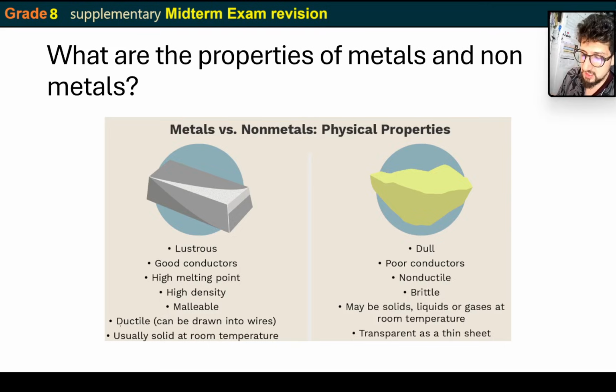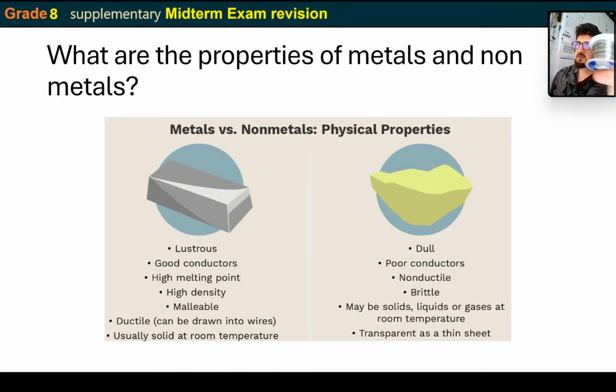What about ductile? Ductile means it can be drawn into wires. If you look over here, I've got a type of metal. This is lead. Here we go, it is drawn into wires. I can do that with metals. Metals can be drawn into wires, whereas I can't really do that with non-metals.